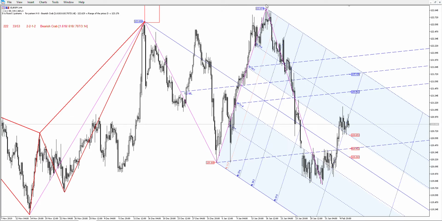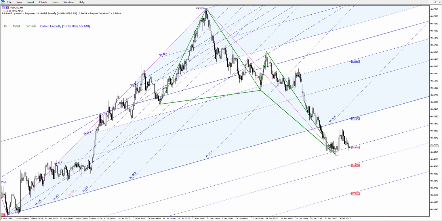The higher high, and then we've got a higher low, median line, that'll have been your buy at 120.39. So we're on 120.84 now. So possible bounce off 120.65, and we've got resistance at 121.41. We've got a bearish crab as well. So that's like the predominant theme, and we've got a descending pitchfork as well.